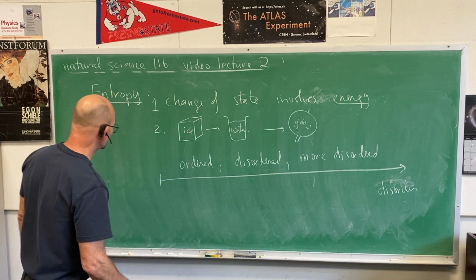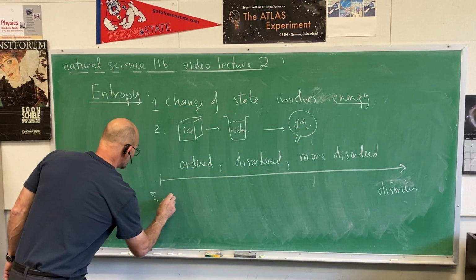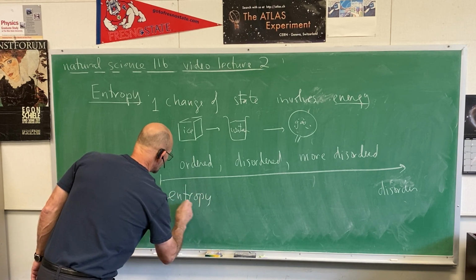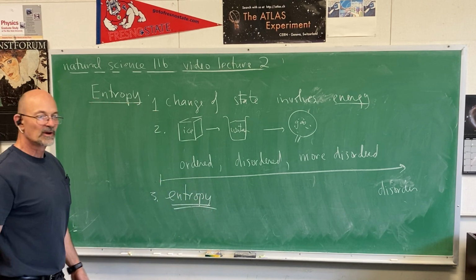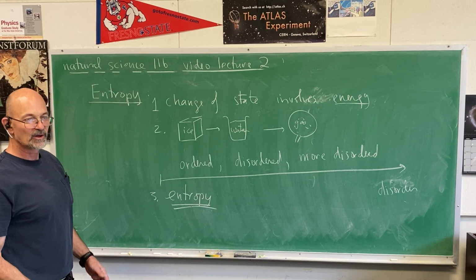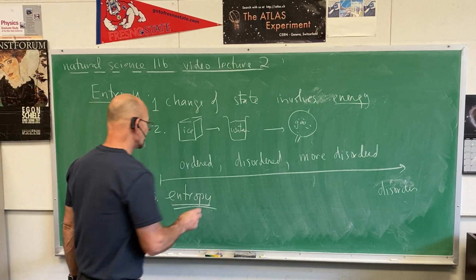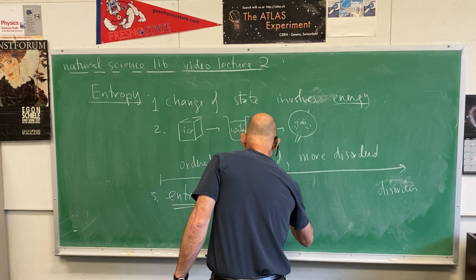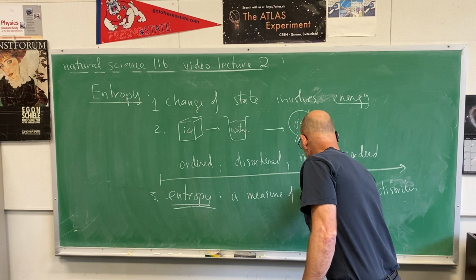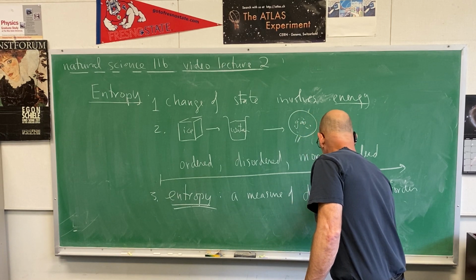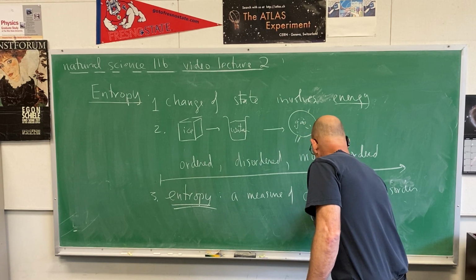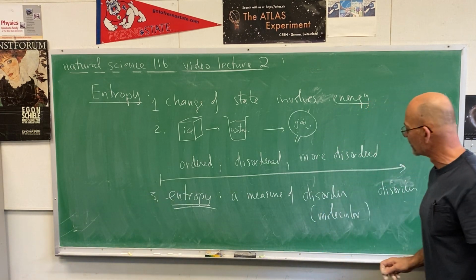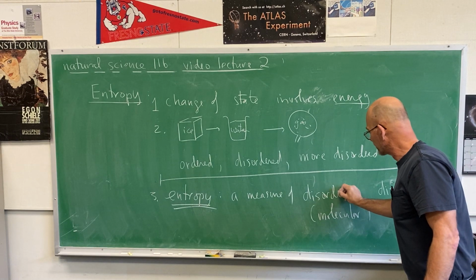So what we say is this entropy, it's a measure of the disorder, a measure of, we could say, molecular disorder. A measure of disorder, and I'll put molecular here to indicate what we're referring to.